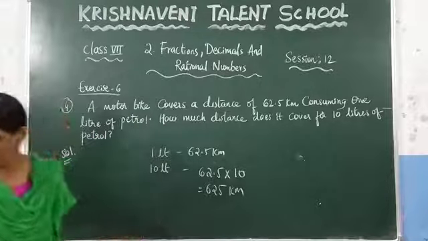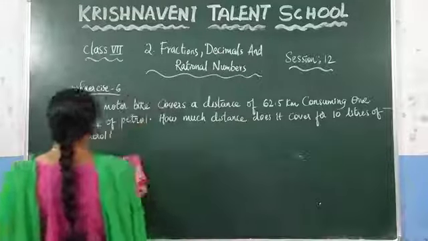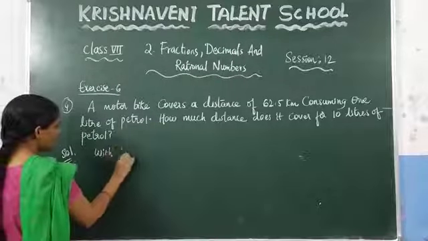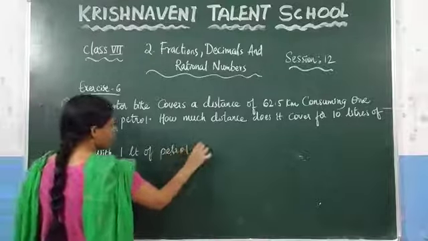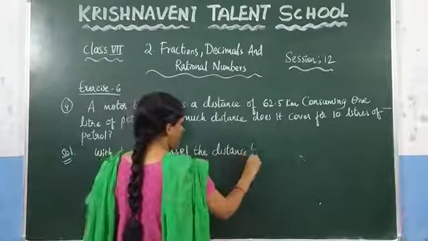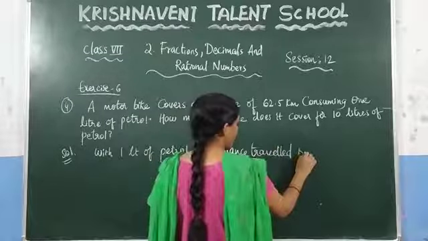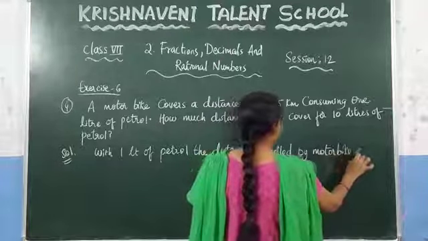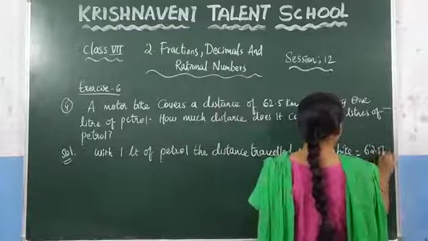Now write the problem here. With 1 liter of petrol, the distance travelled by the motorbike, how much distance is travelled with 1 liter of petrol, which is 62.5 kilometers.